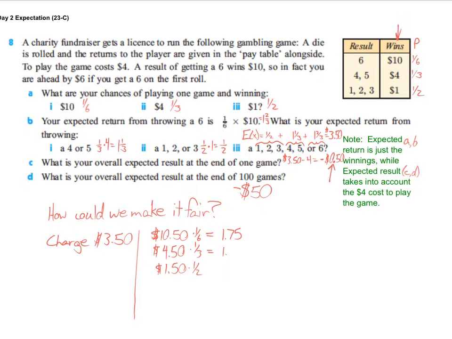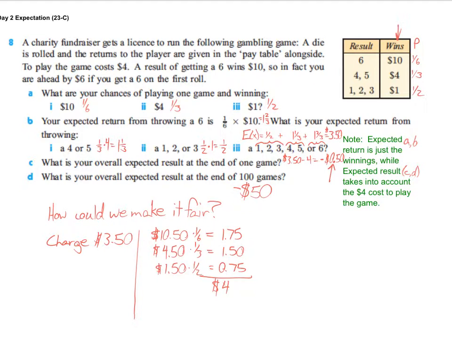This comes out to 150, and this is 75 cents. So the total here comes out to $4, which is what it cost you to play the game, therefore it's fair. You can expect to win as much as it costs you every time.